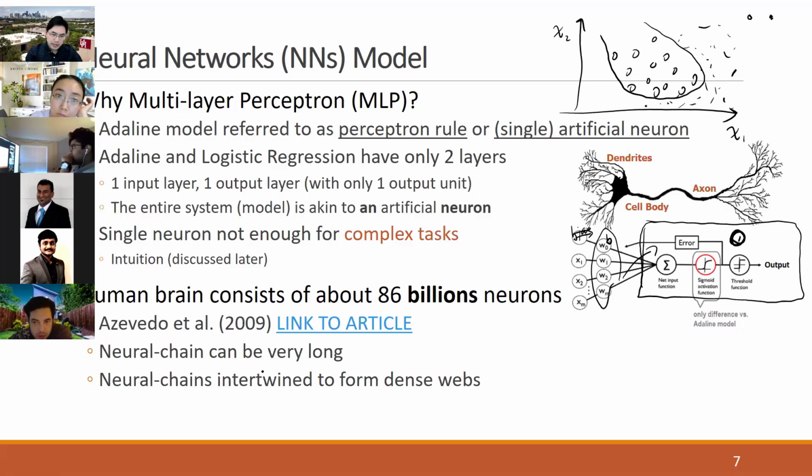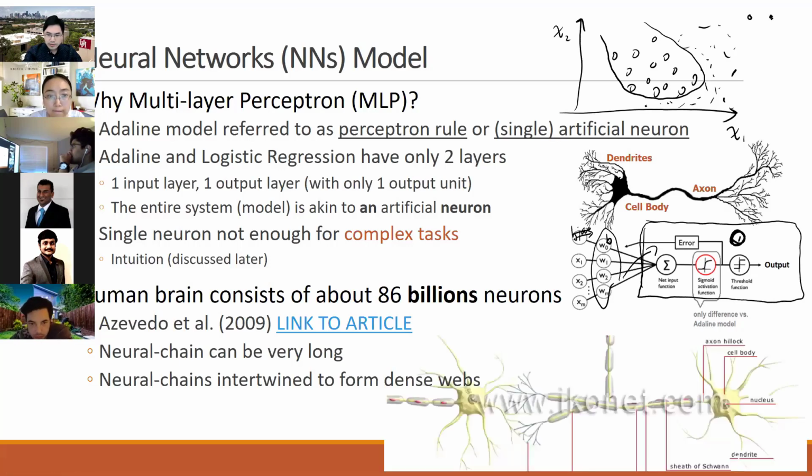Another feature is that the neural chain is very long. Sometimes it's long, sometimes it's short, but a lot of them are long, and they form webs. That is the part that inspires the artificial intelligence scientists, the typical prototype layout for the neural chain.